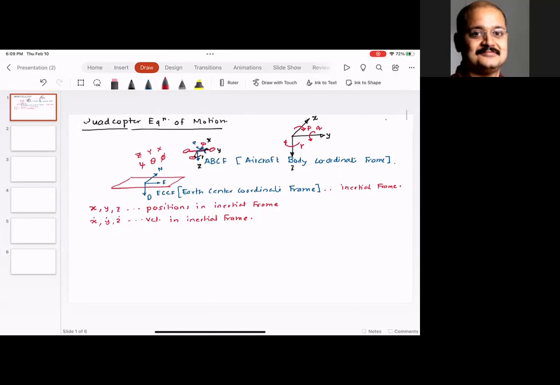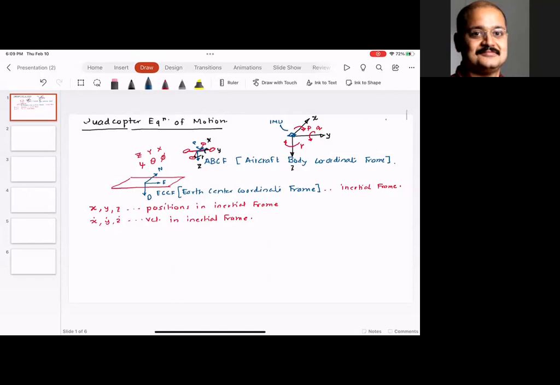Now I would emphasize the significance of body angular rates, because think about it. If on this quadcopter you have an IMU, and that is going to be the topic of our next chapter, the IMU has a 3-axis accelerometer and 3-axis gyroscopes. So what would that IMU give us? IMU will give us the body rates and the body accelerations.